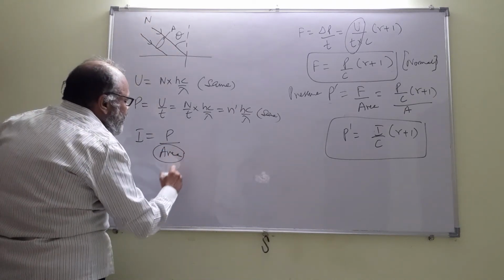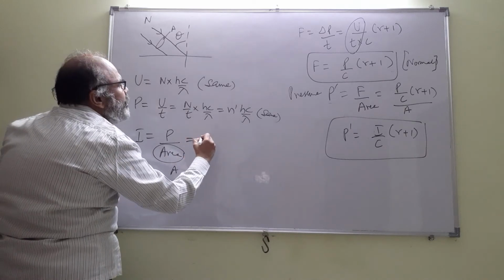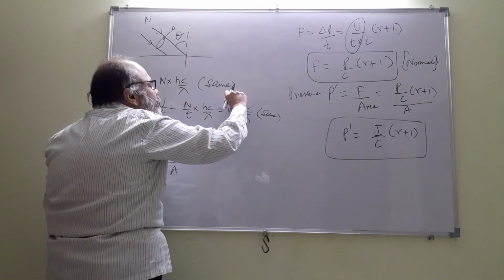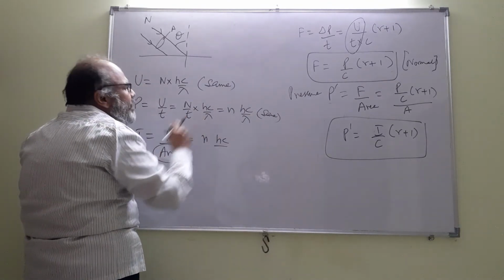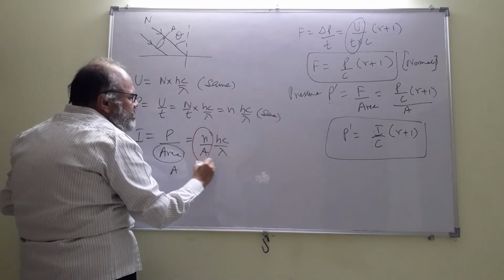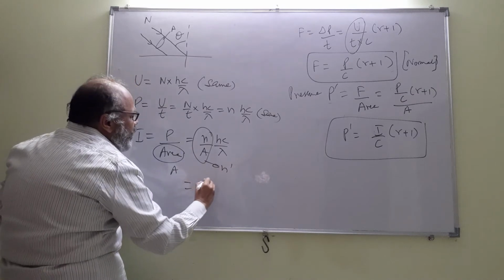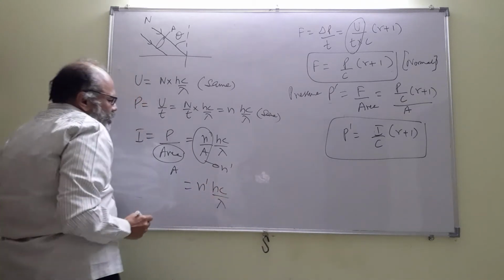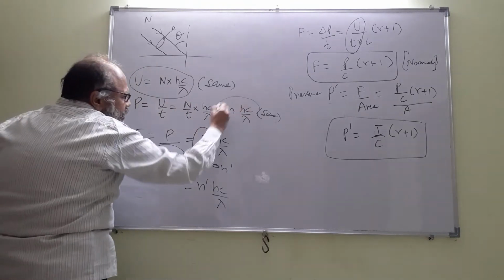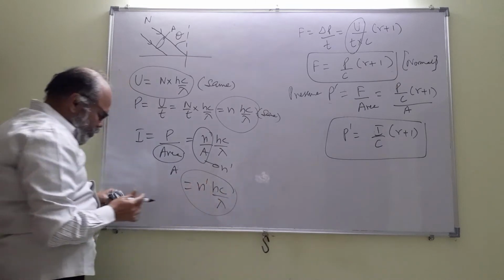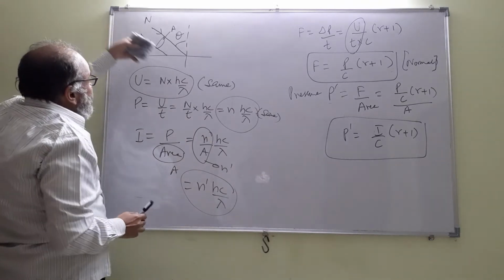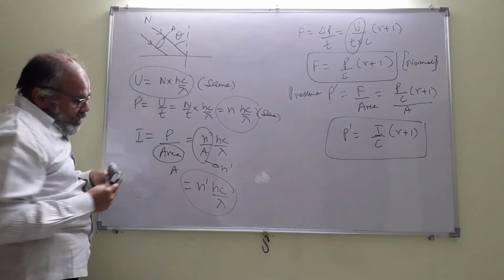So this area is still A. So therefore this would be n hc by lambda by A. N by A is n dash. So this will be n dash hc by lambda. So you find that the expressions for the total energy, power and the intensity don't change just because the incident ray is striking the surface in an oblique way.